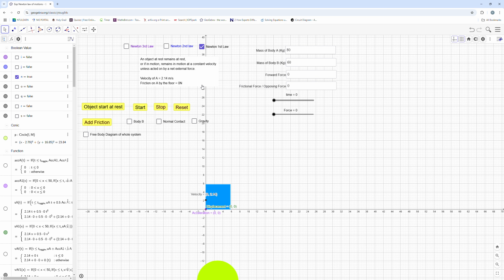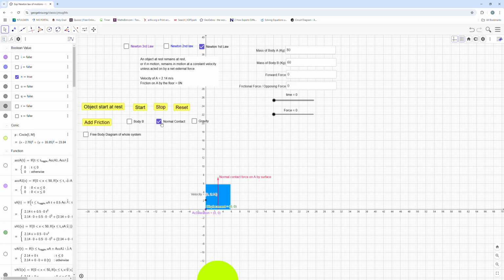For Newton's first law, you can also show the normal contact and gravity, and then show that it's starting to move. An object in motion will remain in motion at constant velocity. Or you can have the object start at rest, with normal contact and gravity, and when you start, the object won't be moving.